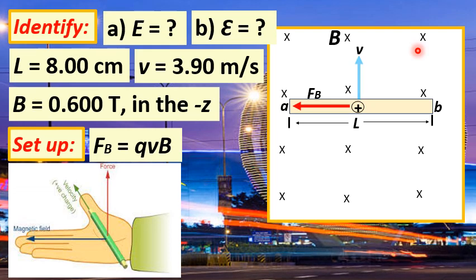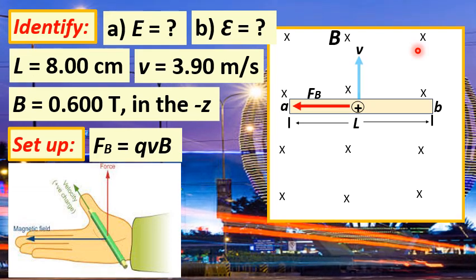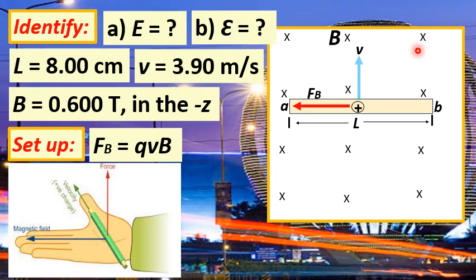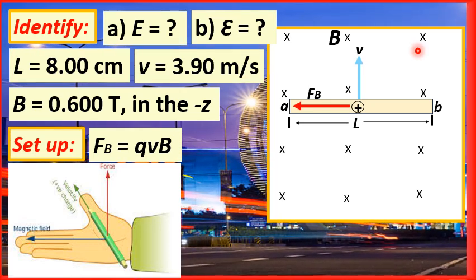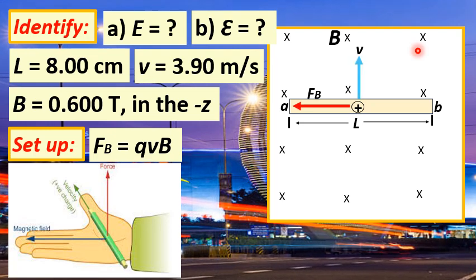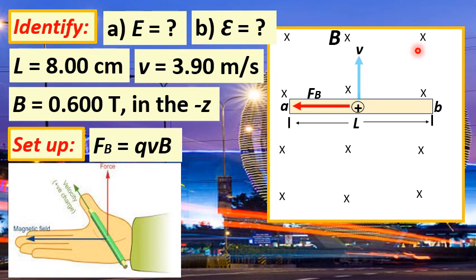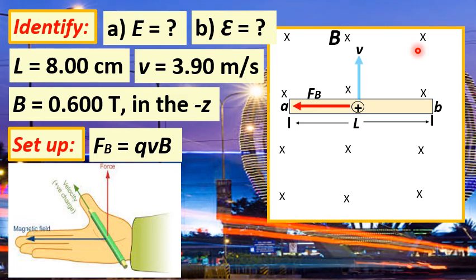So your right palm, as you do the slapping, must be facing the left end of the rod. That is, the magnetic force F_B is directed towards end A of the rod, as represented by the red arrow in the figure.